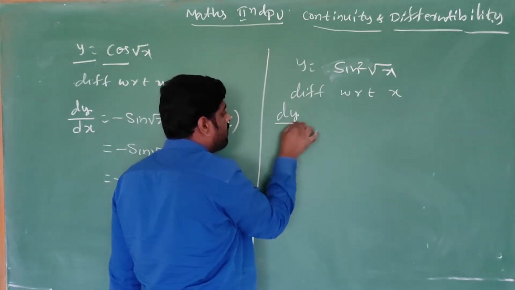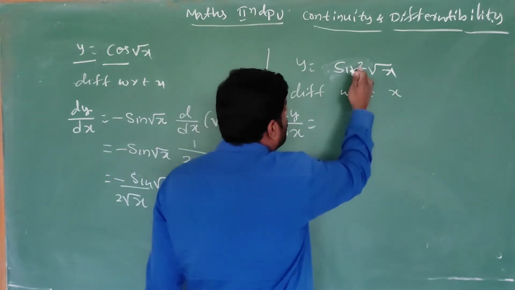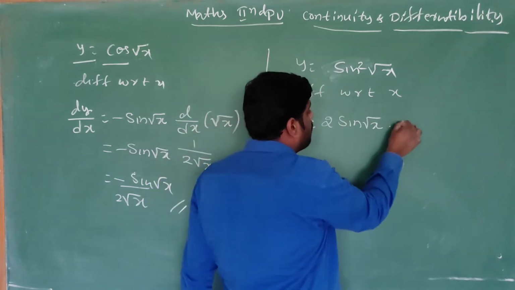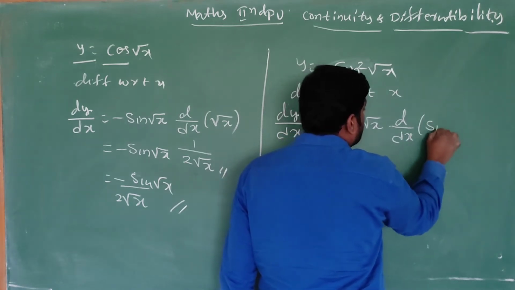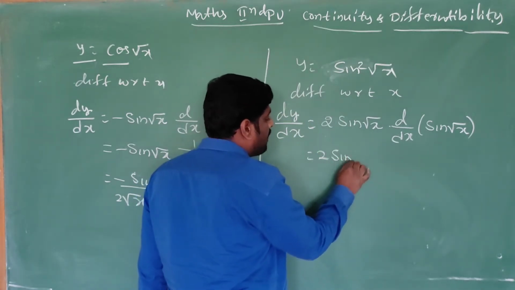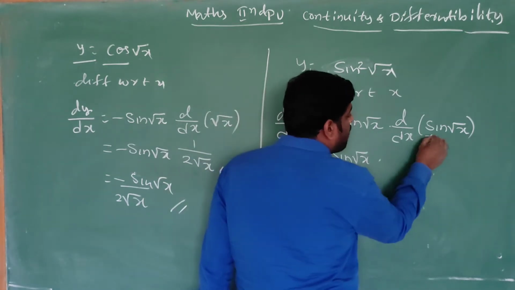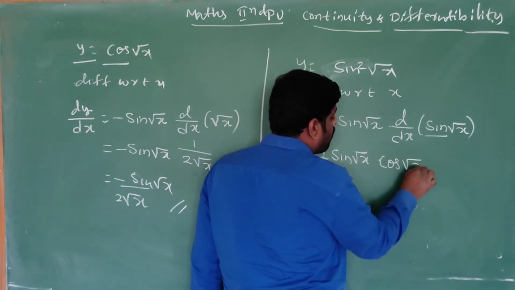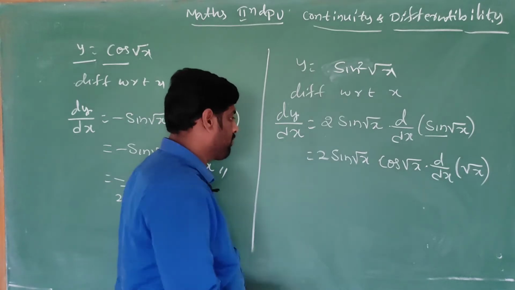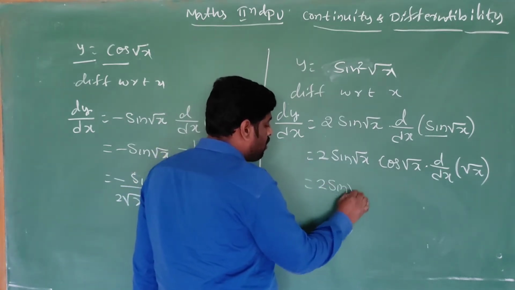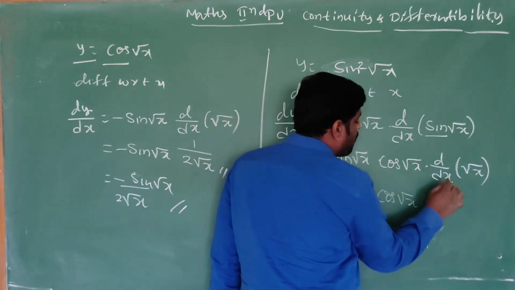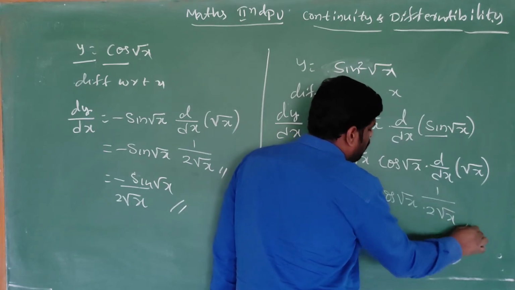Y differentiation is dy by dx. 2 differentiation is 2 sin root x into d by dx of sin root x. 2 sin root x into d by dx of sin is cos root x into d by dx of root x. 2 sin root x as it is, cos root x as it is, d by dx of root x is 1 divided by 2 root x.